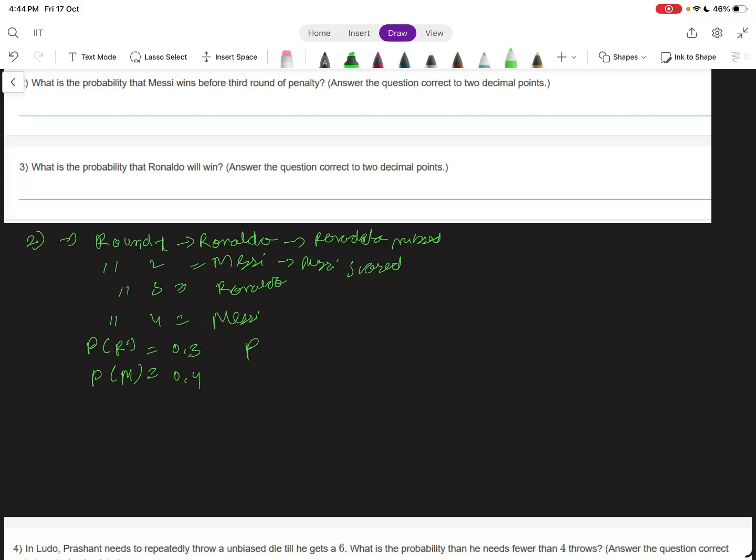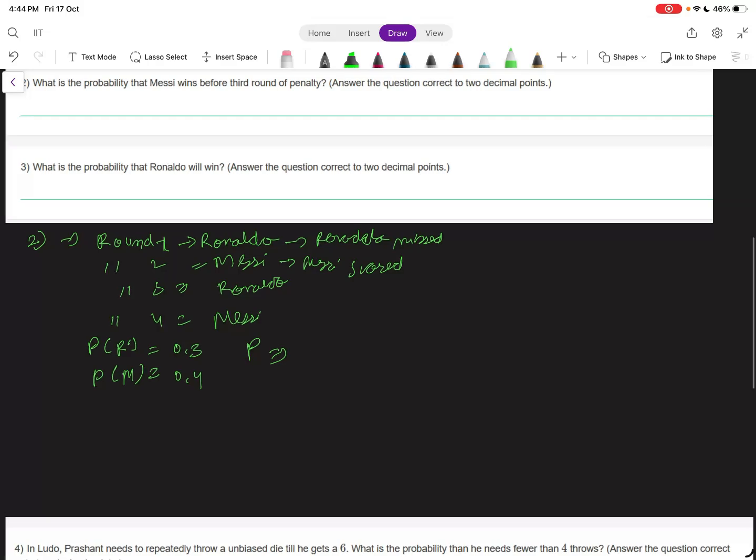So what is going to be the probability? It's very simple here, if you see. The probability that Ronaldo missed the first round is 0.3, okay? Once Ronaldo did not score, but Messi scored, this is the first attempt. Round 1 means first Ronaldo goes, then Messi goes, then Ronaldo goes, and Messi goes. So this is round 1.